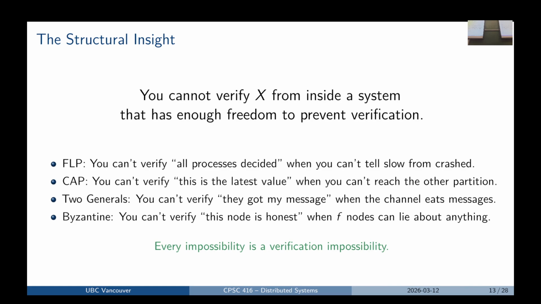In the Byzantine consensus case, you can't verify this node is honest if you have f lying nodes unless you have 3f plus 1. So the issue in each of these is I can't verify that in all instances I'll be able to do this. But that doesn't mean there aren't a lot of instances where I will be able to.